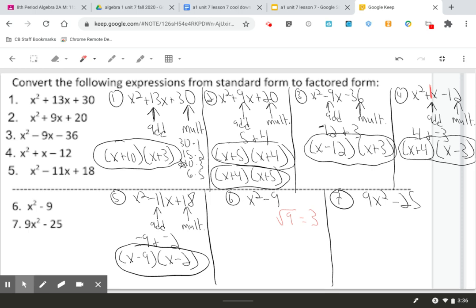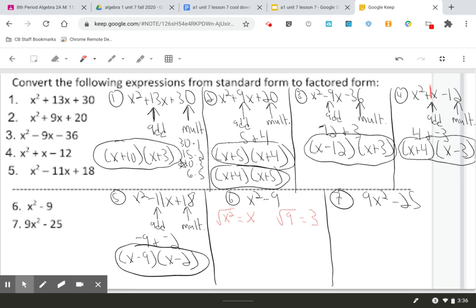Is x squared a perfect square? In other words, is the square root of x squared a non-decimal? And the answer is yes, because the square root of x squared is x. X times x is x squared. So these are both perfect squares.